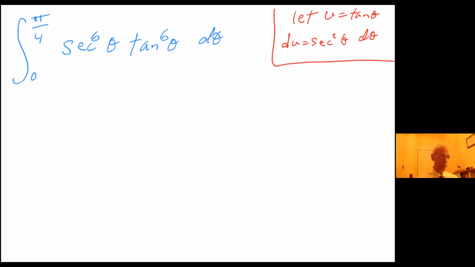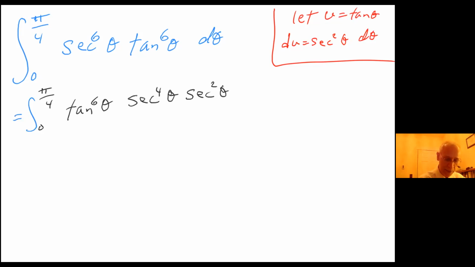So what I'm going to do is say this equals the integral from 0 to pi over 4. Notice that the derivative is secant squared. So I'm going to go ahead and put the tangent to the 6th power of theta here and write this as secant to the 4th power of theta, secant squared of theta.